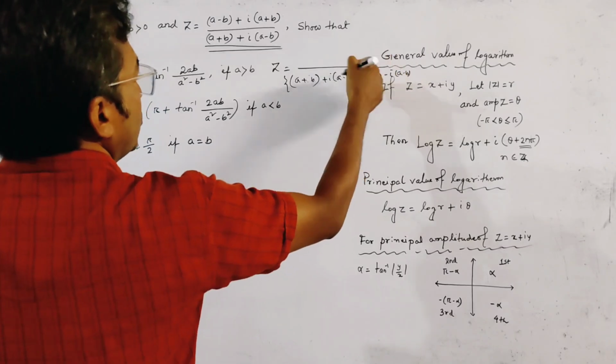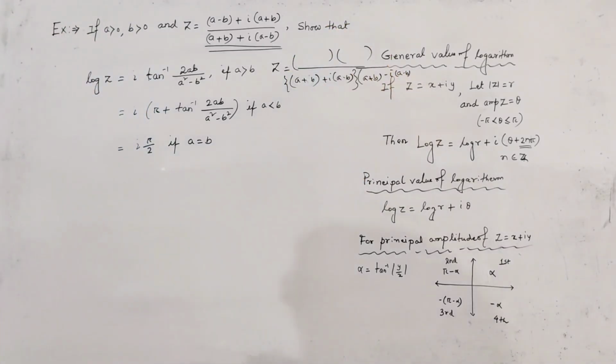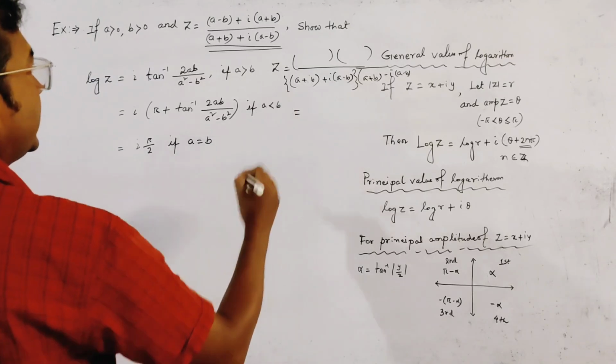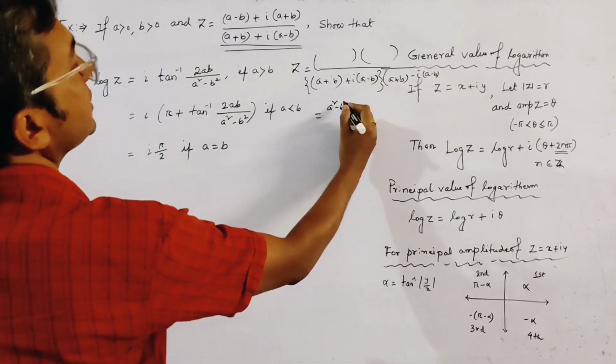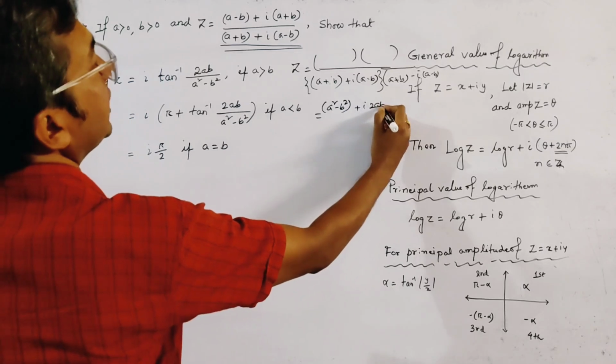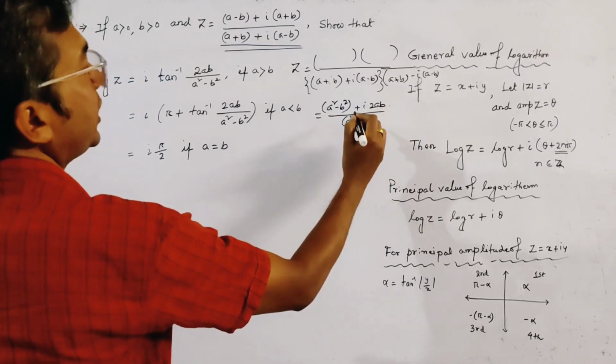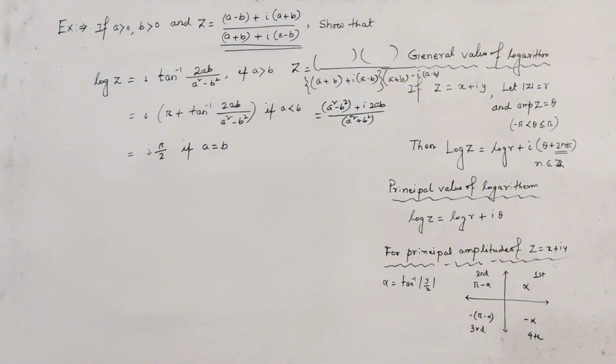Also we multiply the numerator by the same factor, and we directly write the result as a square minus b square plus i into 2ab, by a square plus b square. We write this result directly.